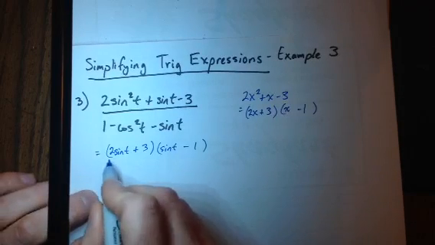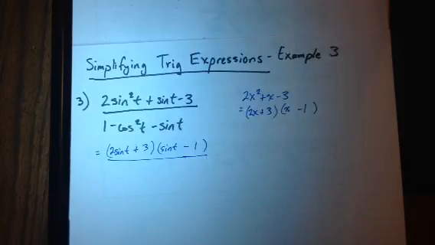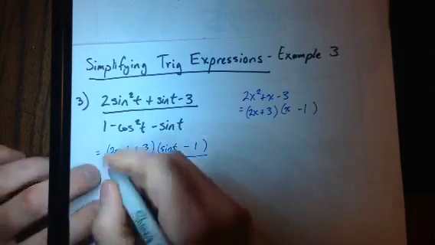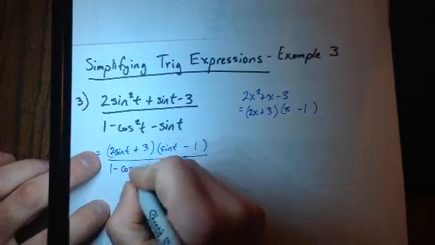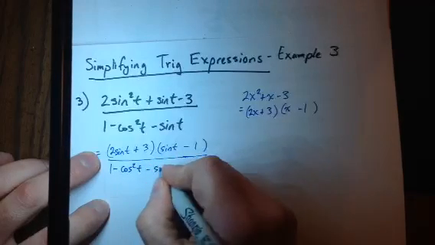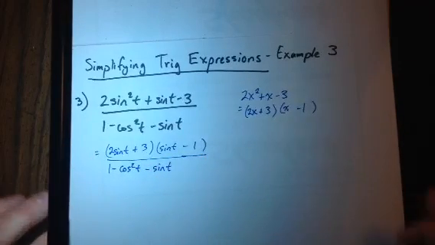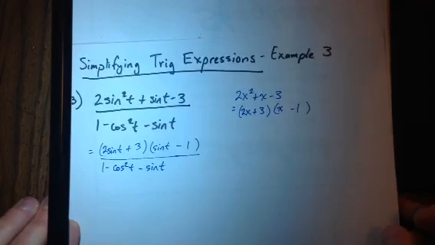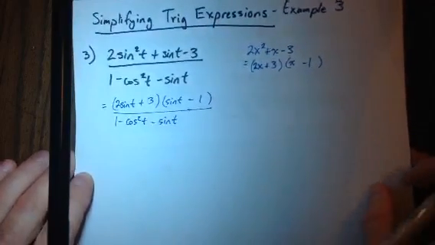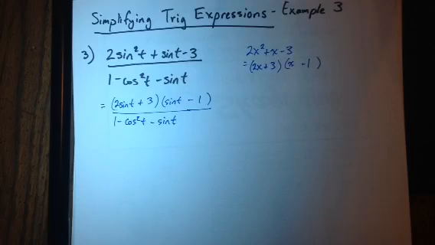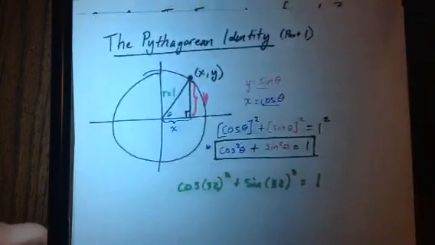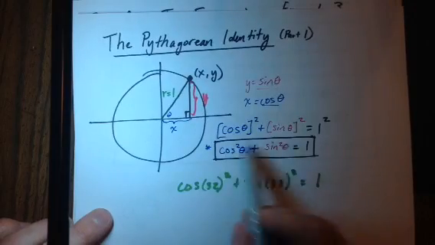Okay, that's the numerator. Now, for now, I'm just going to write the denominator, 1 minus cosine squared of t minus sine of t. Now, we've got a cosine squared. If you think back to our Pythagorean identity, you might say, hey, couldn't we do something with this?